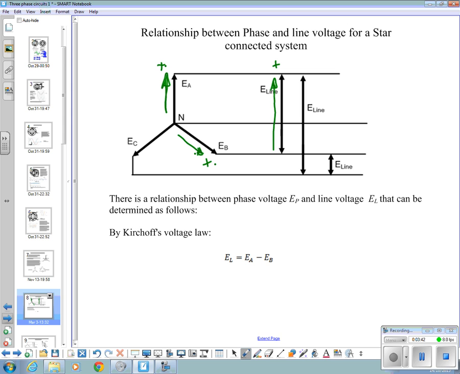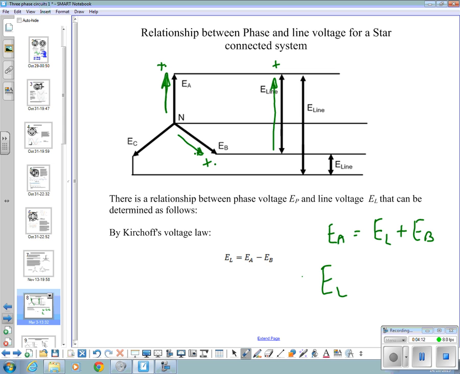Now the way I tend to teach Kirchhoff's voltage law is put all the clockwise arrows on one side of the equation. So all we've got clockwise at the moment is EA, and put all the anti-clockwise arrows on the other side, EL plus EB, which rearranges to that.